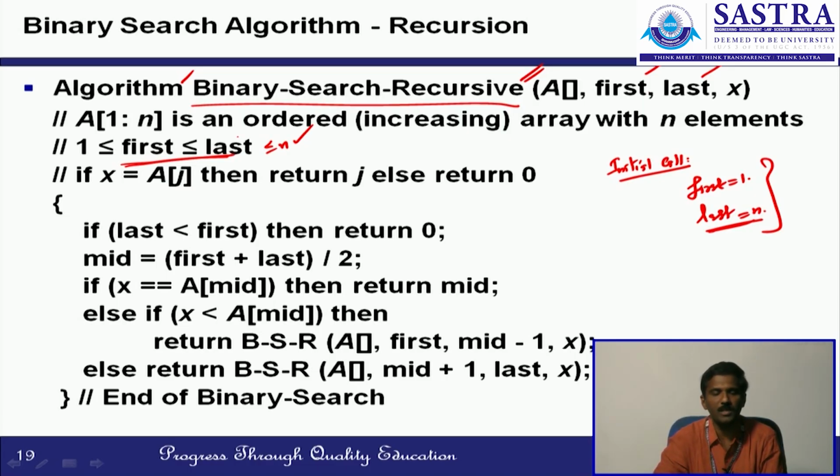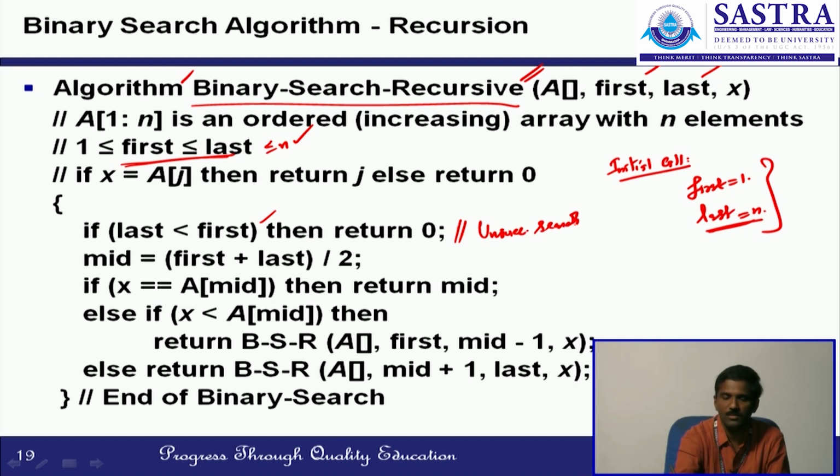If the condition becomes false, then there is a termination condition, or we can say the value to be returned is 0 to indicate the unsuccessful search. So, if last is less than first, then return 0. This is the indication of the unsuccessful search.